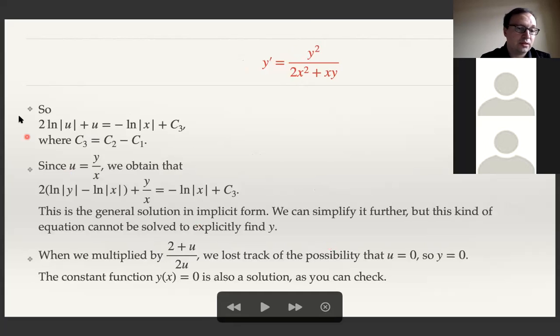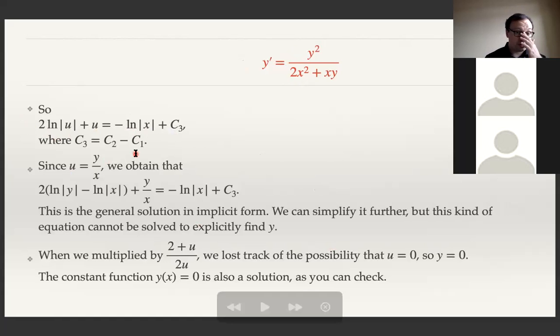Now, again, we don't need to keep both constants, we just need to retain their difference. So subtracting C1 from both sides, one gets that 2 natural log of absolute value of u plus u is equal to minus natural log of absolute value of x plus C3, where C3 is the difference of C2 and C1.